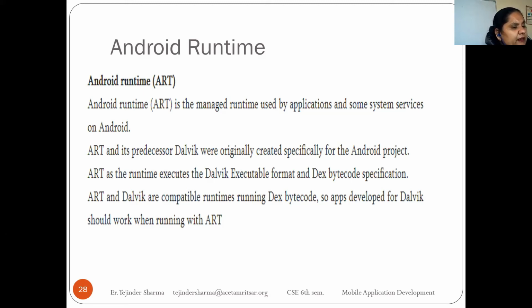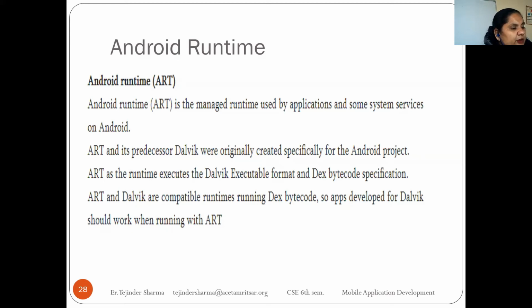And after KitKat, one thing which was introduced was AOT, ahead of time. That means compilation was done beforehand, before installing the app. Once the build part is over, then we can have the installation part. So the compilation was done before the installation. So that was your ahead of time.